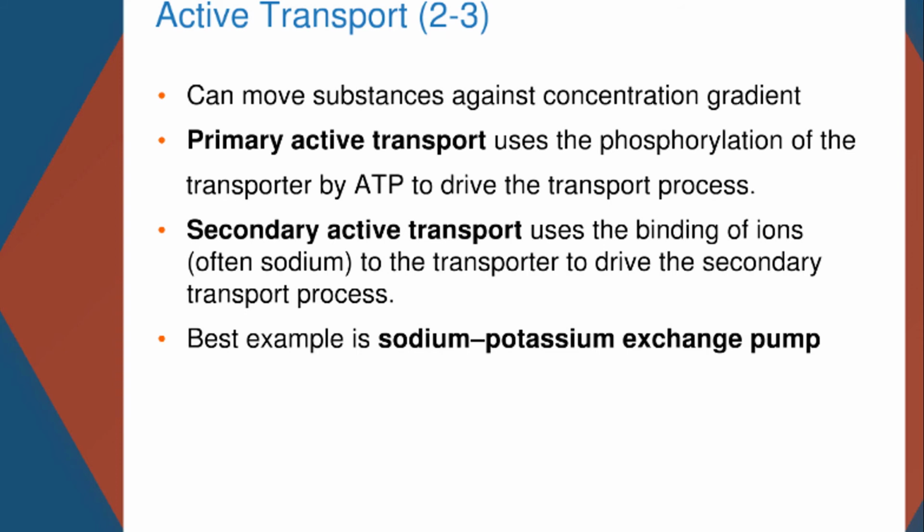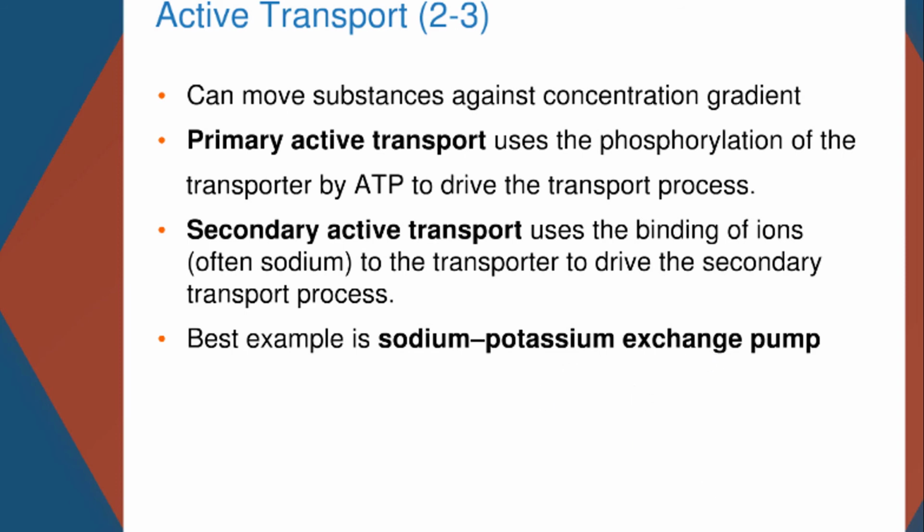During active transport, ATP is required to move a substance across a membrane, often with the help of protein carriers, and usually against its concentration gradient. One of the most common types of active transport involves proteins that serve as pumps, especially the sodium-potassium exchange pump.